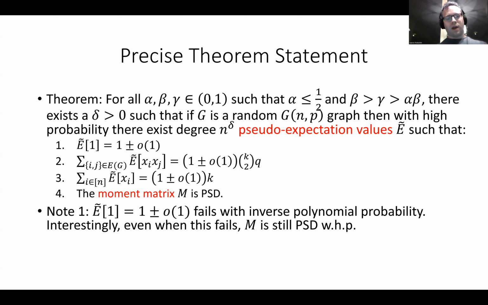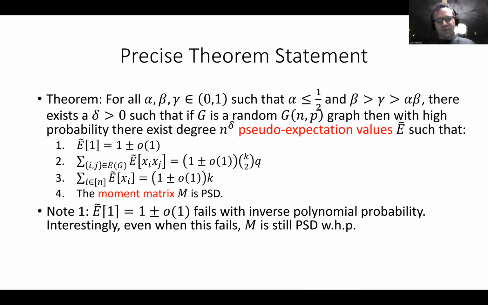So I should note two things. First, it turns out that the pseudo-expectation value of 1 being 1 plus or minus lower order terms fails with inverse polynomial probability. This is related to the fact that there is a distinguisher which, with inverse polynomial probability, can distinguish these two distributions, namely it looks for a dense subgraph which is unlikely to appear in either case, but is much more unlikely to appear in G(n,p) as opposed to G(n,k,q).